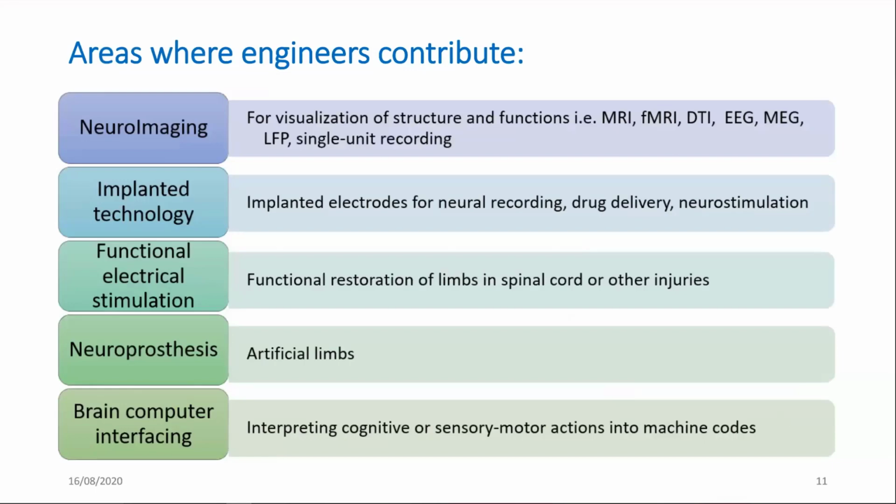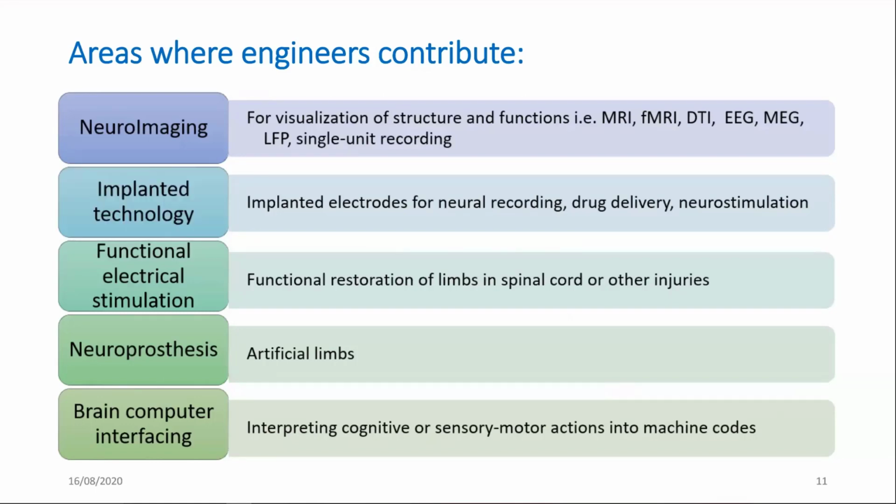And these are the areas where engineers can contribute actually. I'm just giving a summary here, but I'll go through each of them later in my slides. So neuroimaging provides a visualization of structure and functions, and there are many different modalities of how imaging is done.